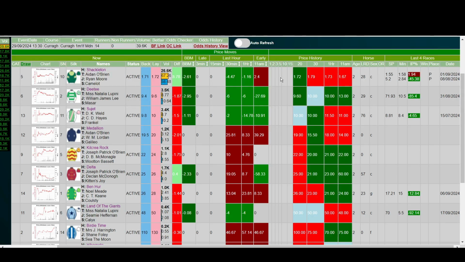And it's a traffic light system. It's red or it's green, and that's what's really going to help you see where the money's going and how quickly and what the amount is that's moving in that direction of that horse. Then we get progressively tighter up to 1 minute before the race. So this is the price history, and straight away we can see horses here that have opened up at 60s have come into 21 and drifted.